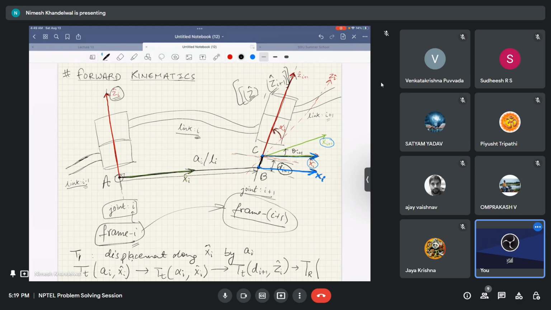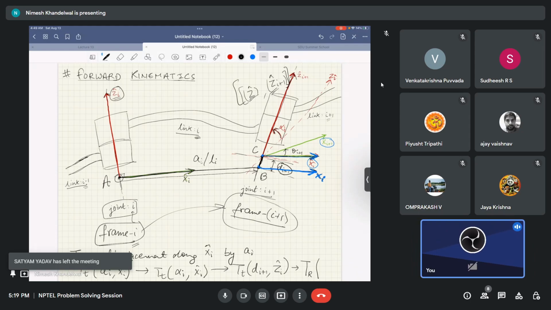Because we can use that transformation to convert the points in respective frames into each other. I will come to that further. First of all, keep in mind you want a final transformation that can take frame I to frame I plus one.